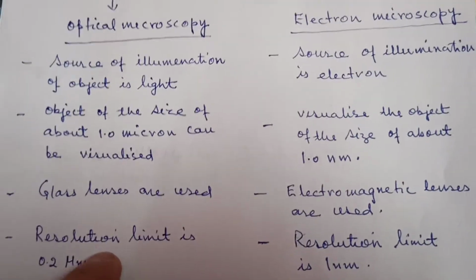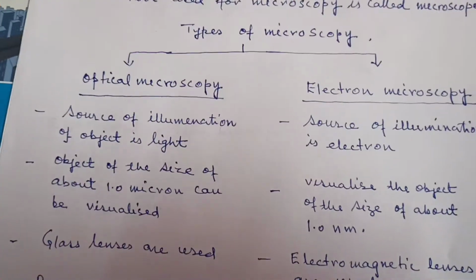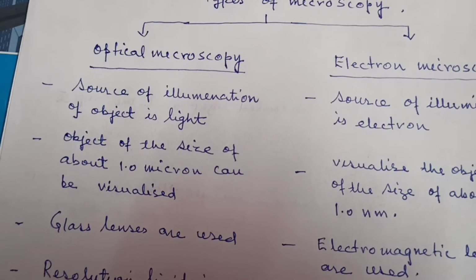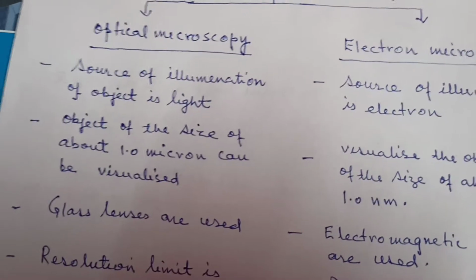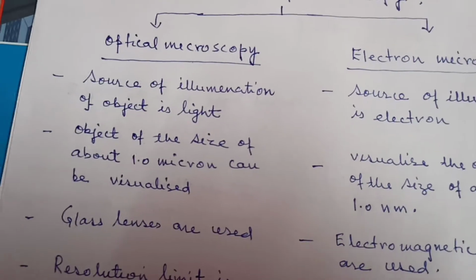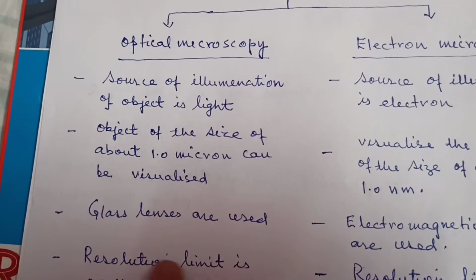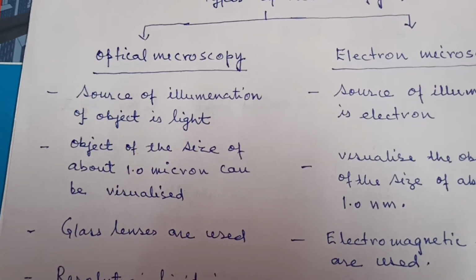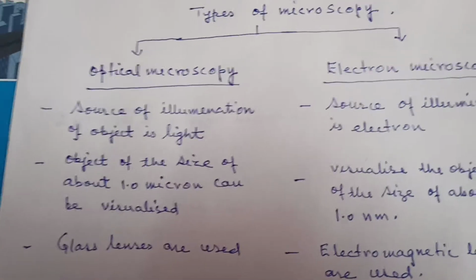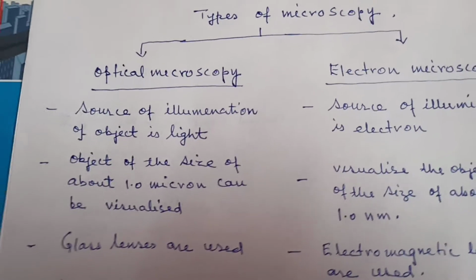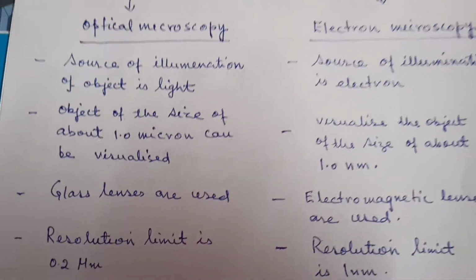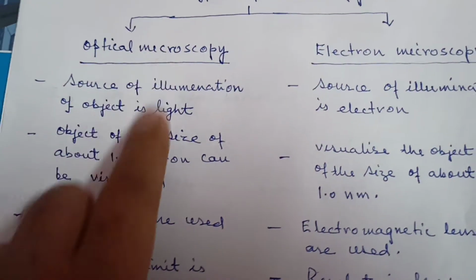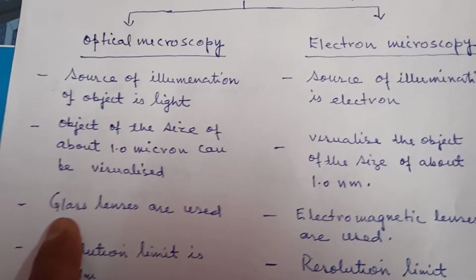The basic components of a microscope can be divided into two groups. One is the light source and the other is the lens, which is used to magnify or to focus the light on the object. In an optical microscope the lenses used are made of glass.